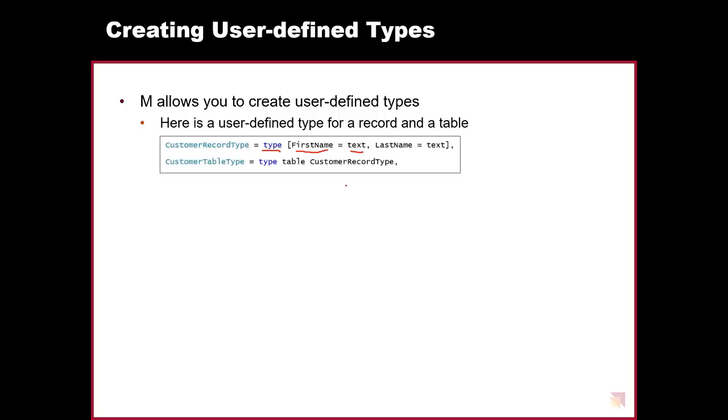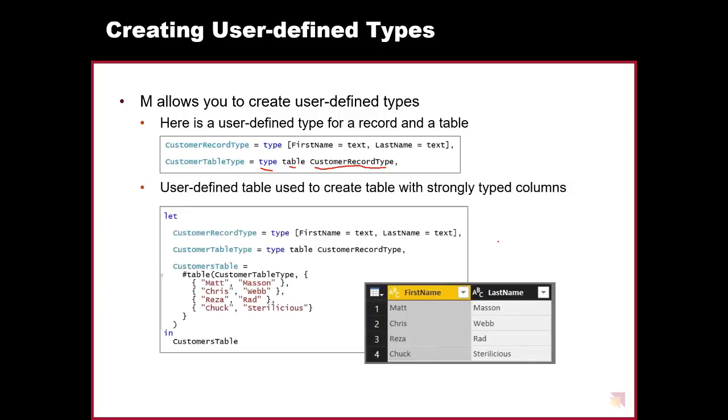Is it going to be text, logical? So the types that we saw earlier, you're able to use as the type for your particular column. Okay, once you have done that, now I can say type table, and now I've defined the type of a table whose records are going to match basically that column schema that I've created in the previous line.